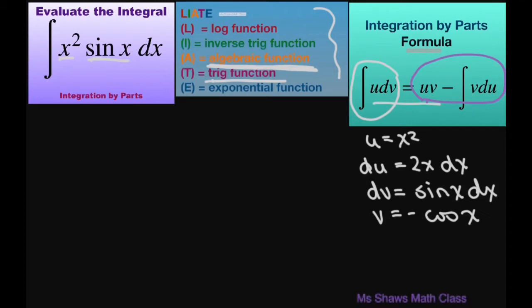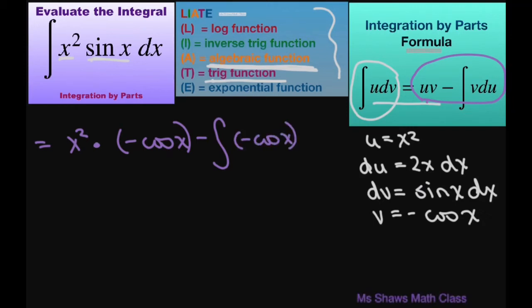So this is going to give you x squared times negative cosine of x. And then we do minus the integral of v du. So v is going to be negative cosine of x, and then du is 2x dx.